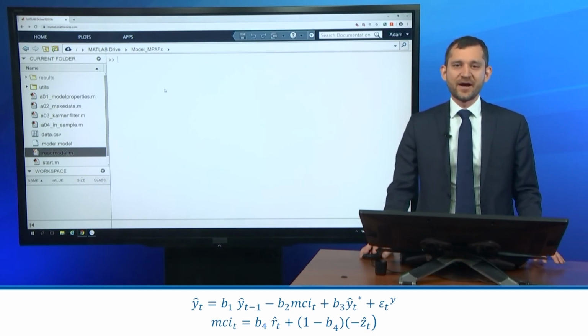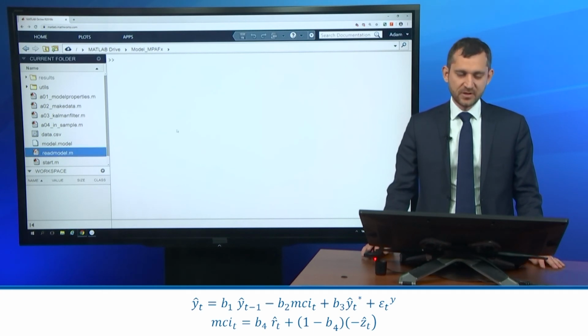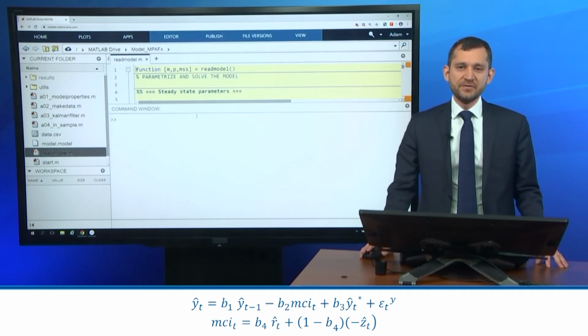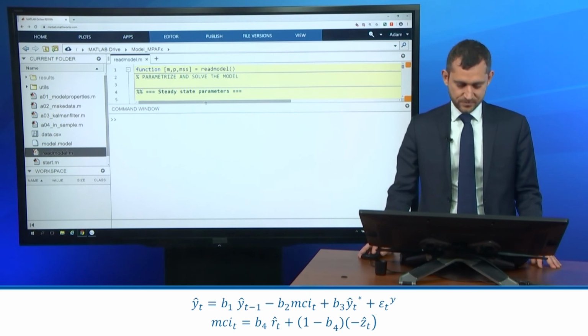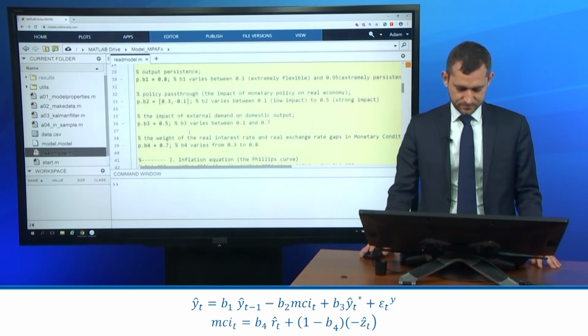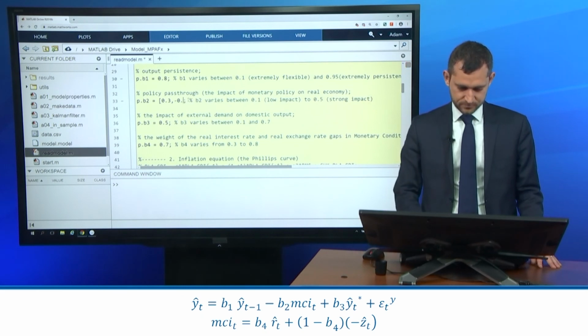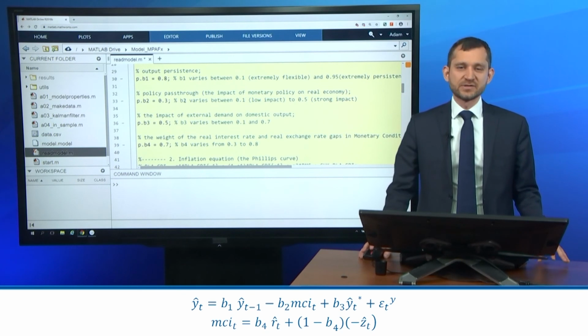Open the read model file again. Remove the parameter value we just added. And consider an alternative higher value for parameter B4.